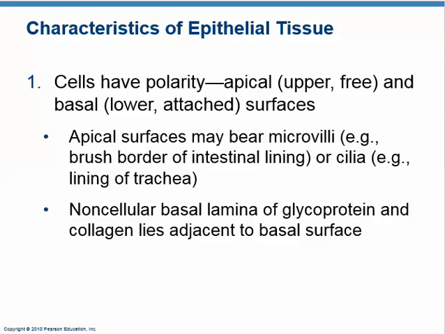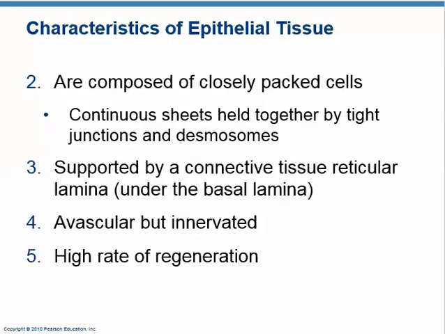If you think of a roof, the shingles are the epithelium. The wood sheeting that the shingles are nailed into is the connective tissue, and the nails are the basal lamina, holding it in place.